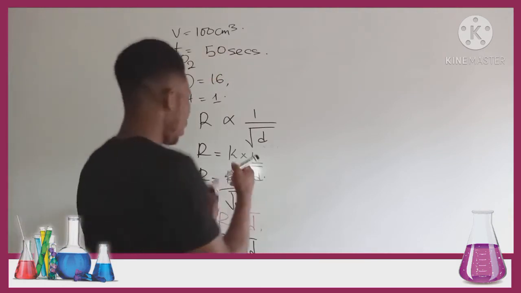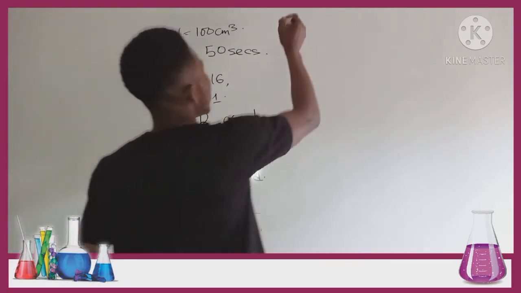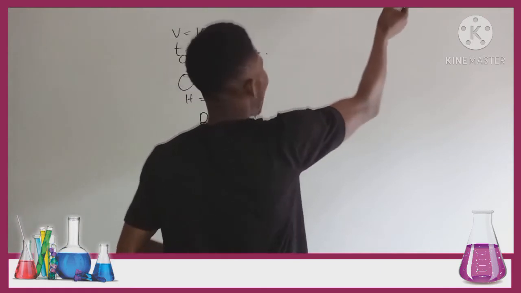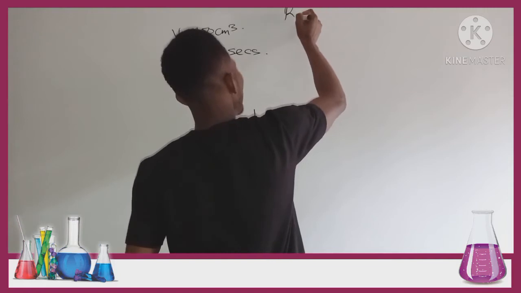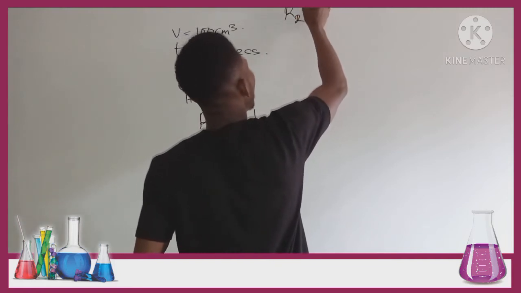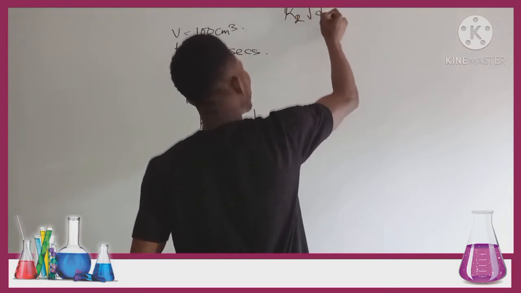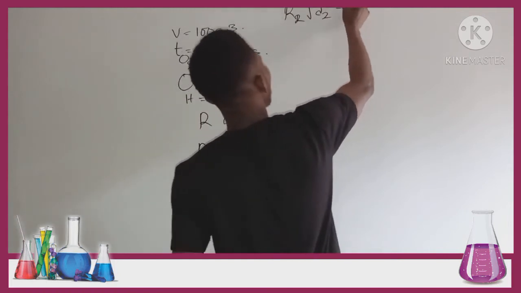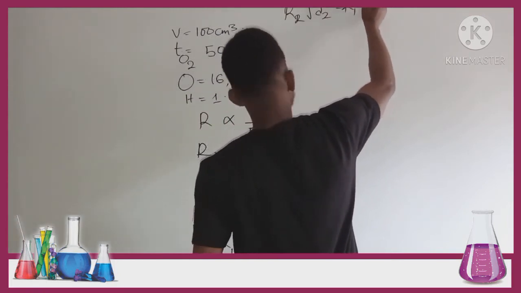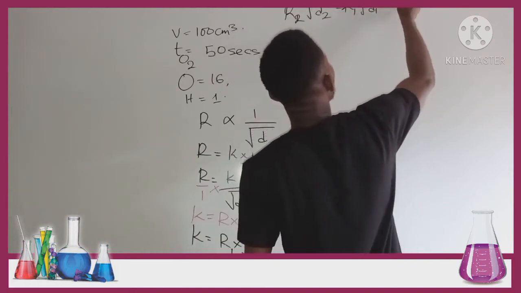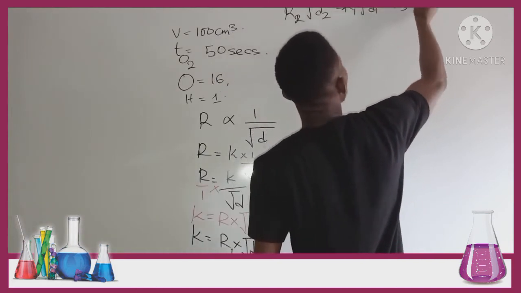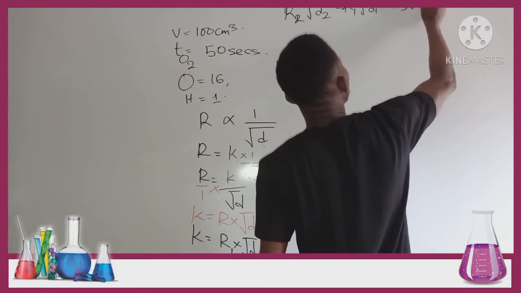So from here, we can also establish that for any other gases, rho 2 root d2 will be equal to rho 1 root d1, which will be equal to rho 3 root d3.